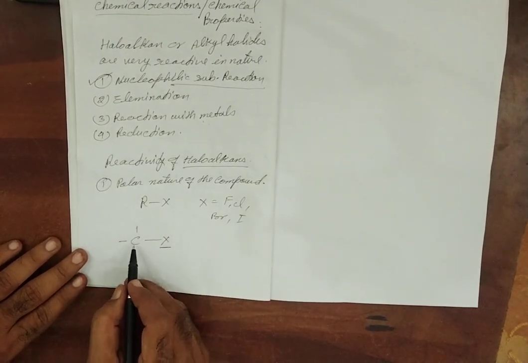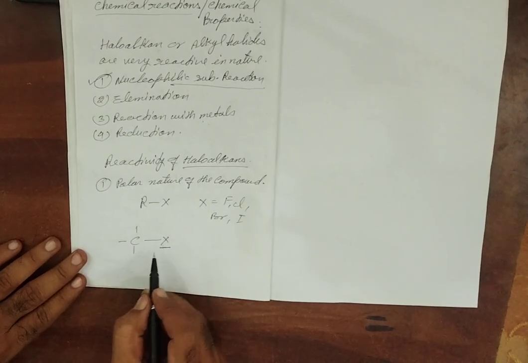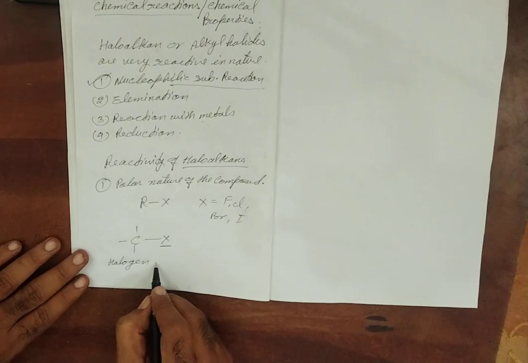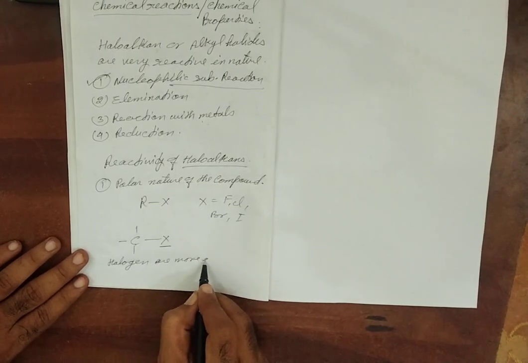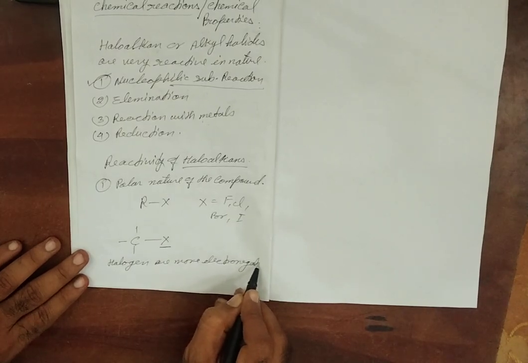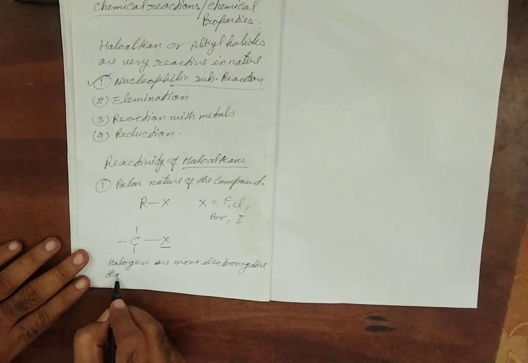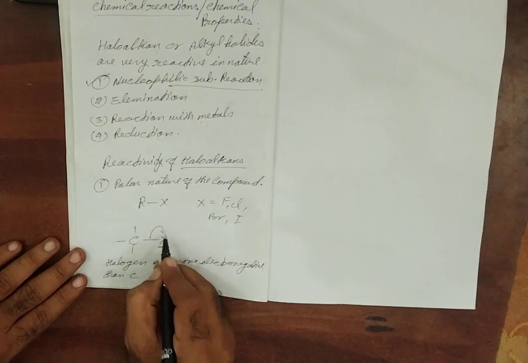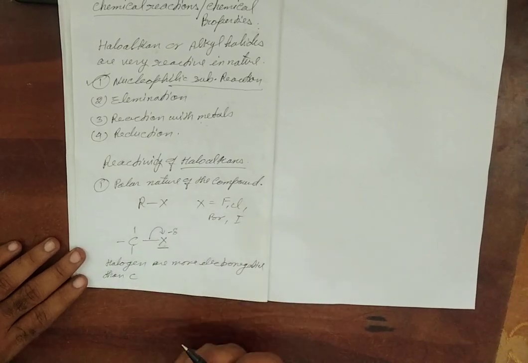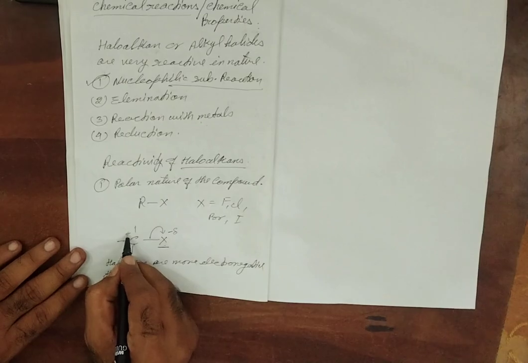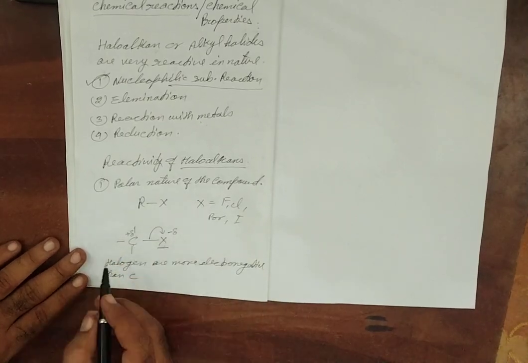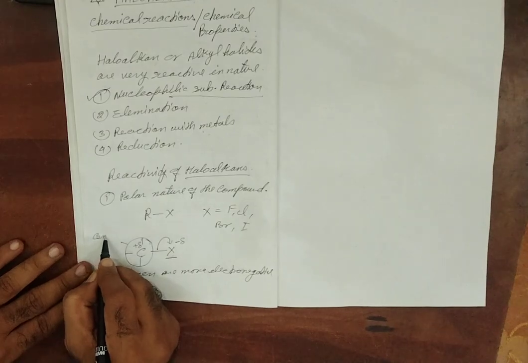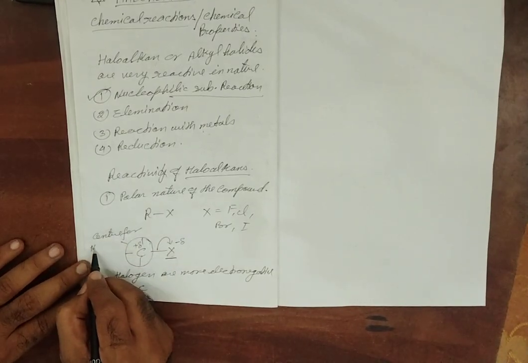So since halogens are more electronegative than carbon, this halogen atom attracts the shared pair of electrons towards itself and acquires a slight negative charge, and consequently a slight positive charge develops at the carbon, and this creates a center for nucleophilic attack.